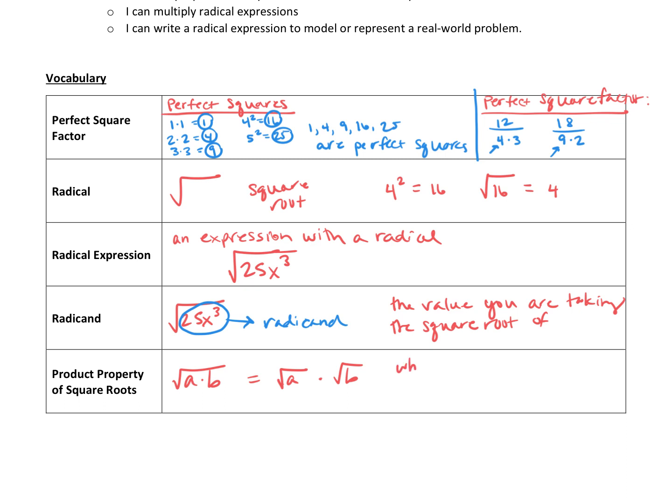That's when a and b are greater than or equal to zero, so are non-negative numbers. So every square root, whatever you're square rooting, can be broken down into the product of two square roots.